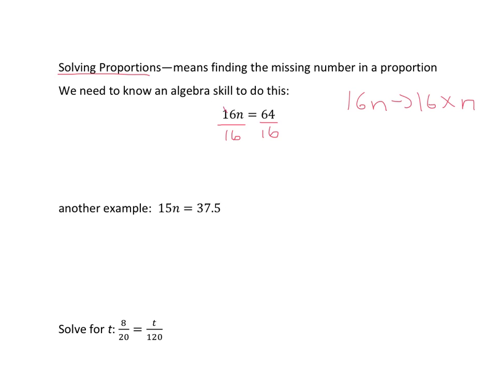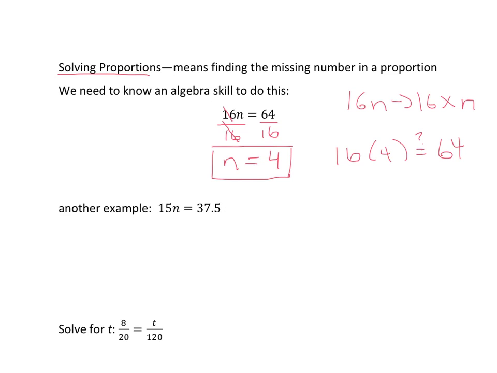We end up with 16 divided by 16, which is 1. So on the left side, we have n. And on the right side, 16 goes into 64 4 times. So we've solved that little equation for n. n is equal to 4. We can always test this by checking what 16 times 4 equals. It equals 64, so we can see that n equals 4 is the correct solution.